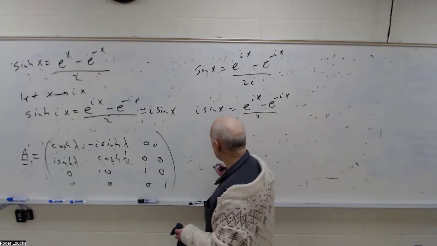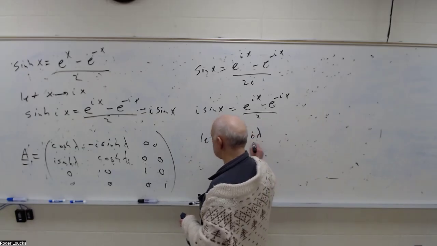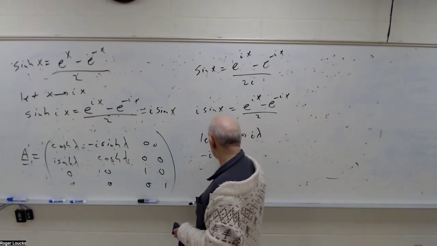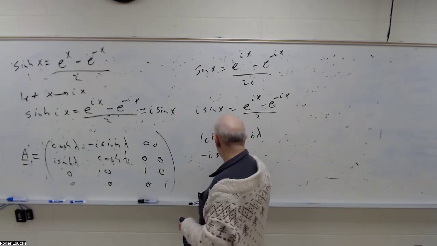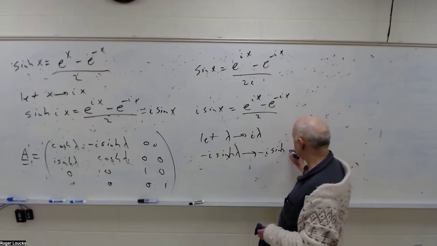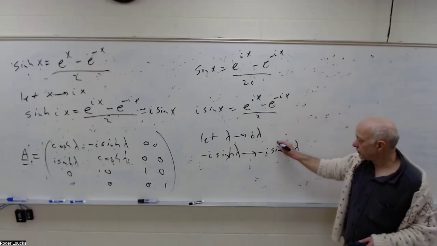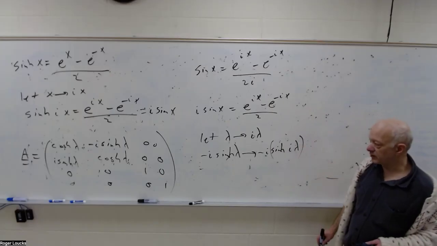So what happens here? We're going to let lambda go to i lambda. We're going to have minus i sinh of lambda now going to minus i sinh of i lambda. What is the sinh of i lambda?